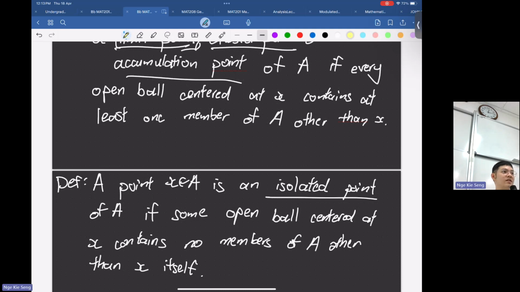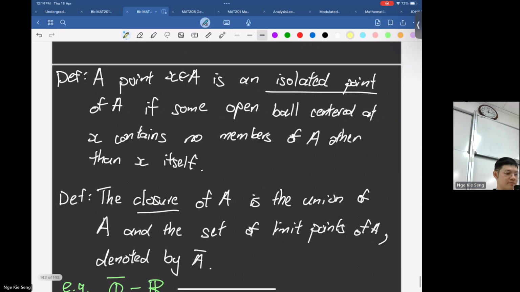This is really the negation of the statement for limit point. So if P is true, not P must be false. If not P is true, P must be false. So you can only take one of them. Make sense? Great.